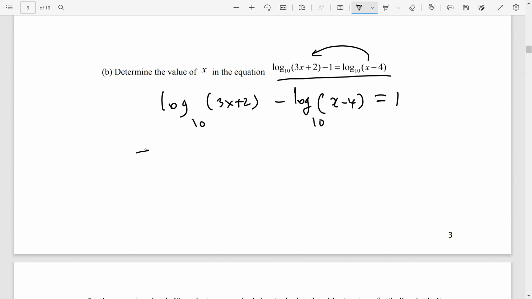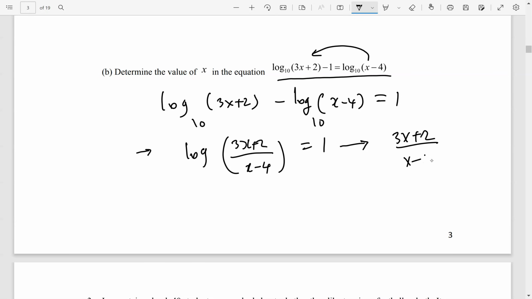By using the division law, you're going to say this is log of 3x plus 2 over x minus 4 equals 1. Expressing this into exponential form, you have 3x plus 2 over x minus 4 equals 10 power 1. So basically, we are going to have 3x plus 2 equals 10x minus 4.